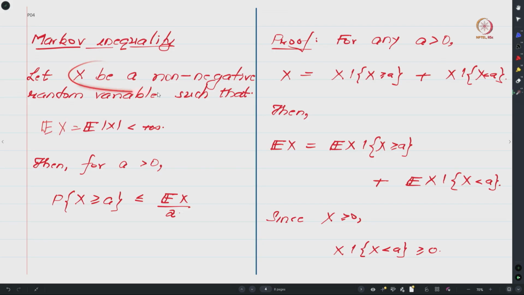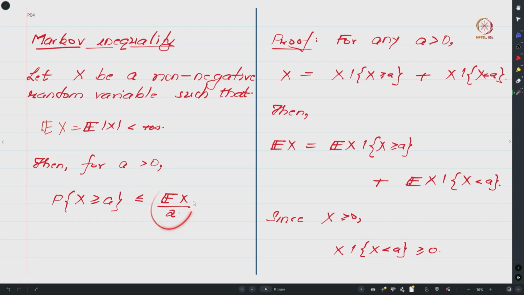So let X be a non-negative random variable, and let us say its expectation is finite, right. Then what Markov inequality says is that for any a greater than 0, the probability that X takes a value above a is upper bounded by expected value of X divided by a. Is this okay? So this is what Markov's inequality tells us.